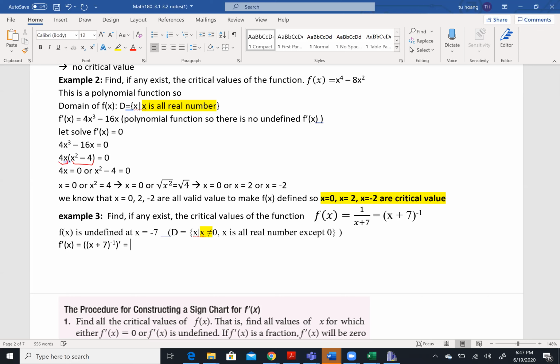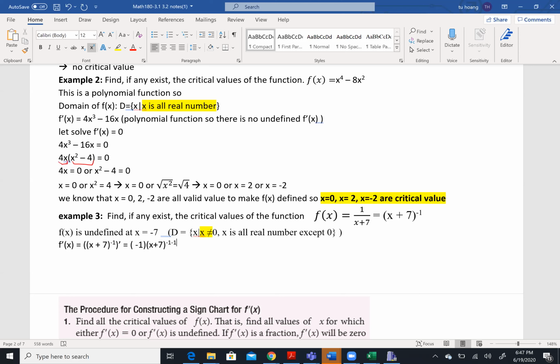Okay, so this is the general power rule. We applied the chain rule for the power. In this case, you need to first put down the -1 in front of x plus 7 to the power -1 minus 1.